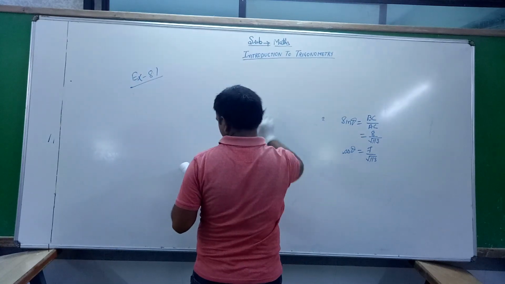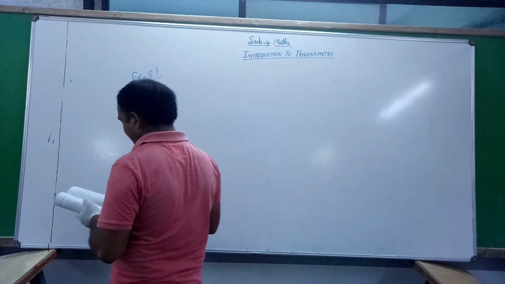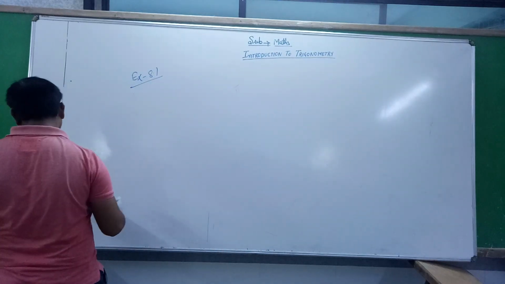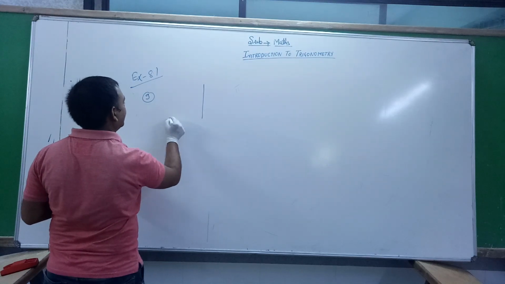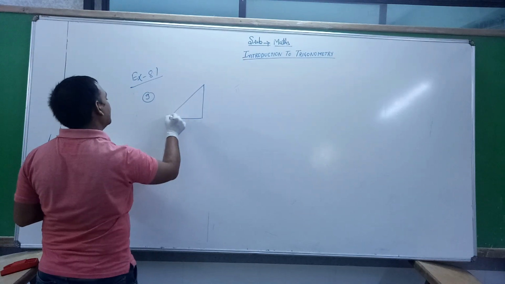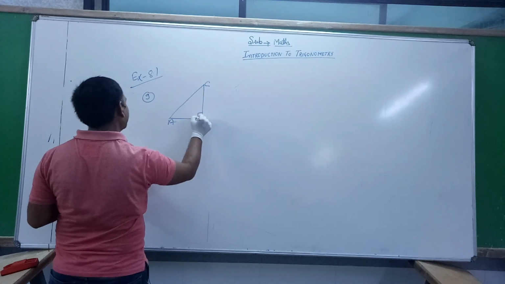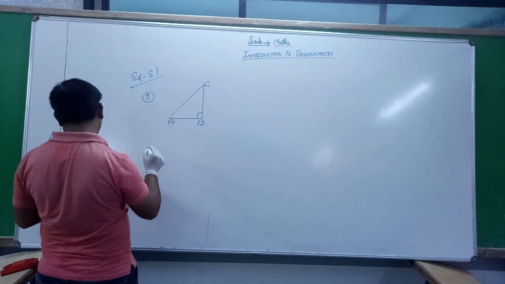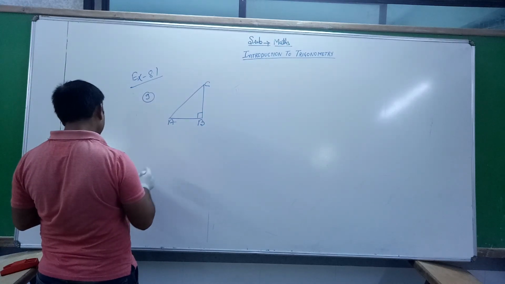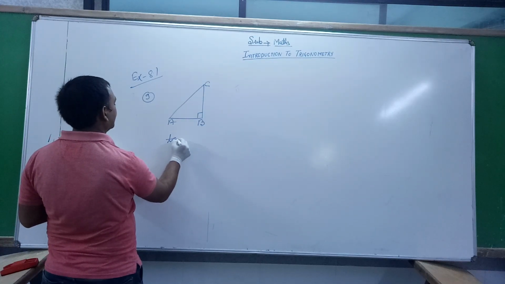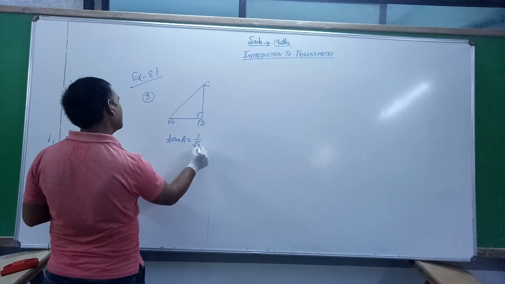Then question number 9. In triangle ABC, angle B is a right angle. In question number 9, triangle ABC is a right angle triangle, the right angle is at B, and tan A is equal to 1 by root 3.